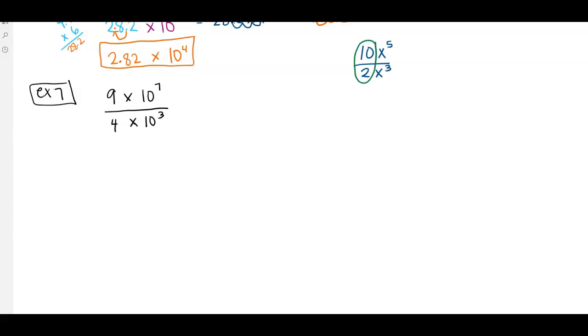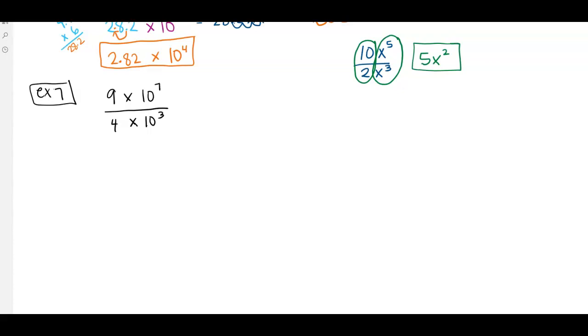So I do my 10 divided by 2, reduce that part, and then do my x part, and then I'd be subtracting those exponents because it's connected by division. So in this, I'd get 5x to the 2nd power. 10 divided by 2 is 5, and then there's 2 more on top than there are on bottom. Okay, so that's kind of what we just did, and now we're relating it to this.